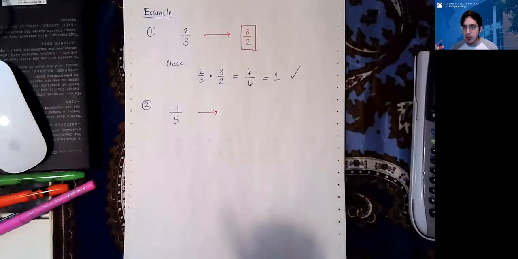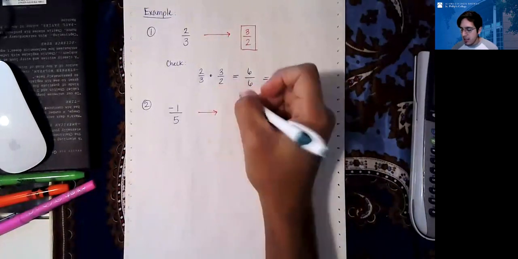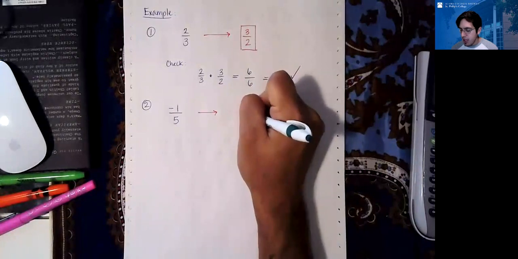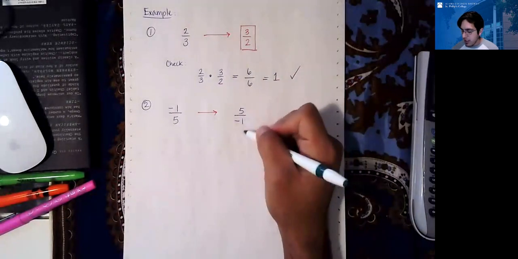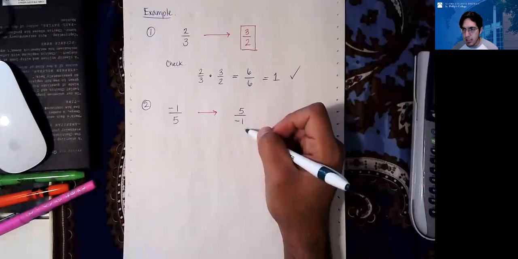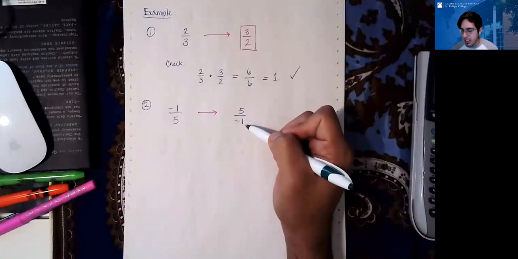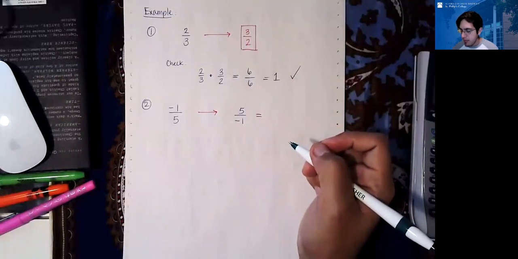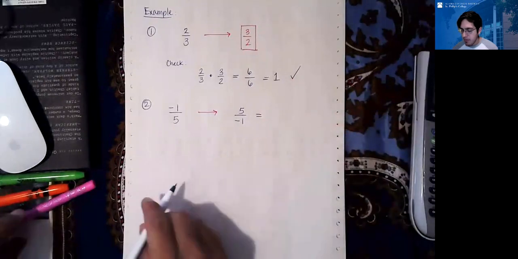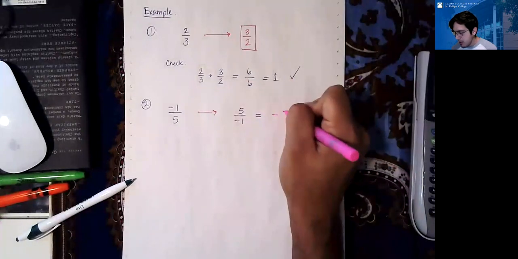So that's all we have to do when we find the reciprocal. If we just flip this, we would have 5 over -1. But can we simplify this fraction? Can we think of this as a division problem instead? 5 over -1 is the same thing as 5 divided by -1. Does that simplify to something? Well, it should simplify to -5.